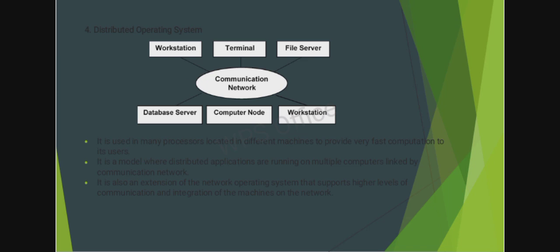It is used in many processors located at different machines to provide very fast computation to its users. It is a model where distributed applications are running on multiple computers linked by a communication network.